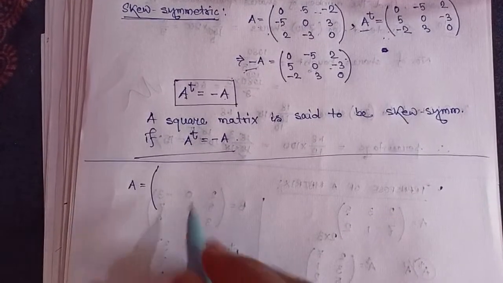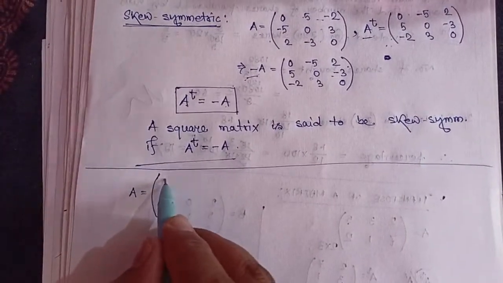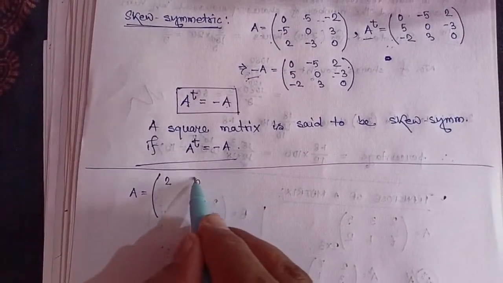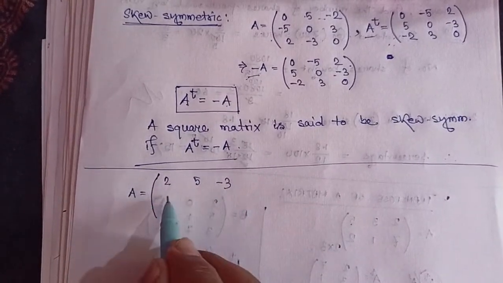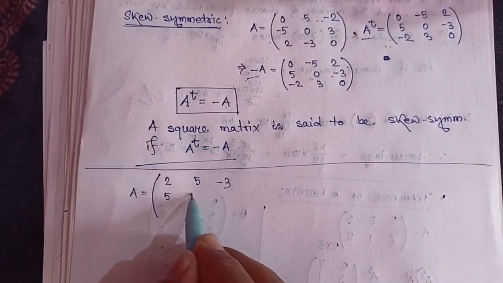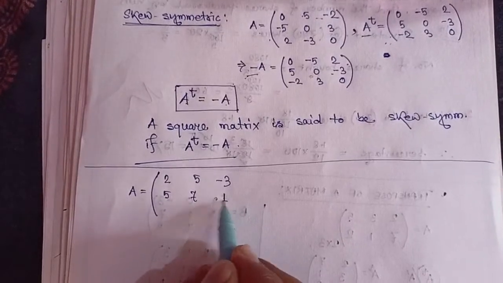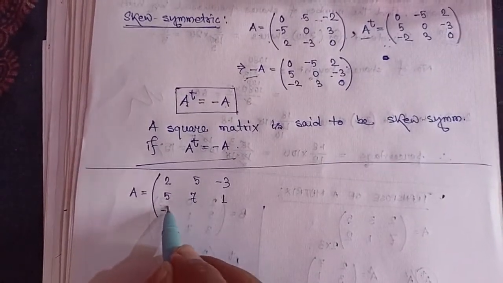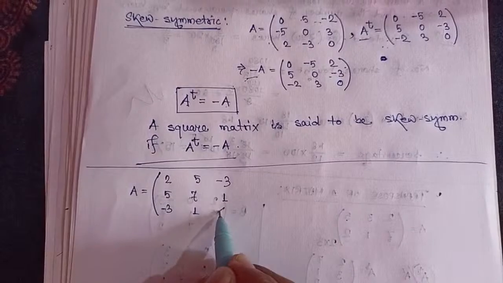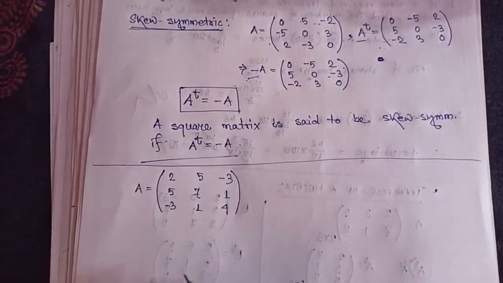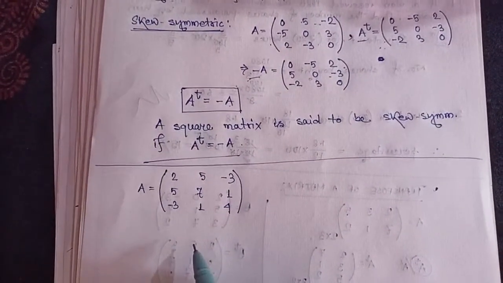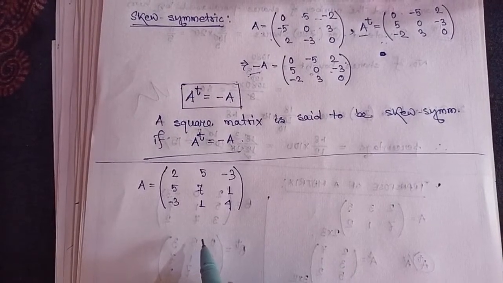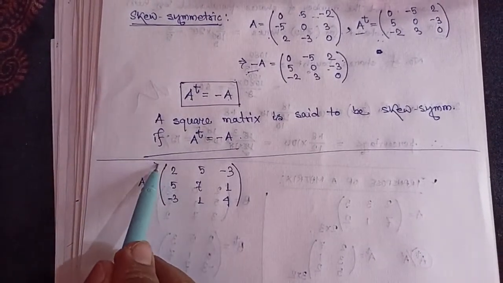A equals 2, 5, minus 3; 5, 7, 1; minus 3, 1, 4.